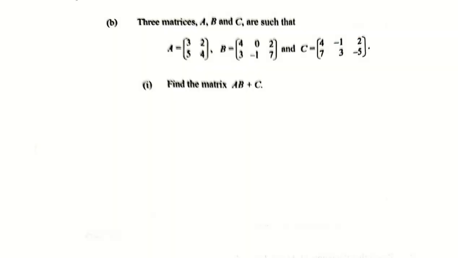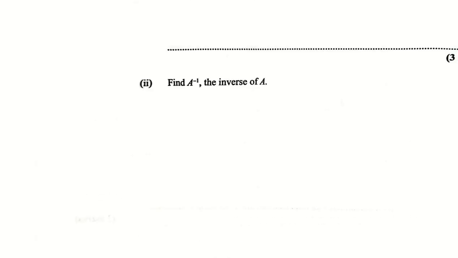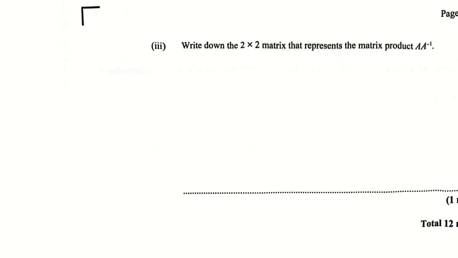Now let's do part B, which is our matrices question. Let's zoom in. So there are three matrices, A, B, and C. Find matrix AB plus C. Then they said find the inverse of A. Then they said write a 2 by 2 matrix that represents the product of A by A inverse.